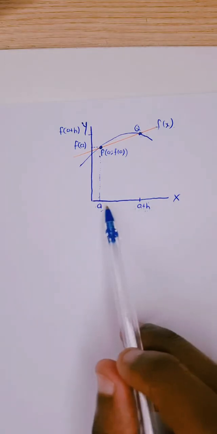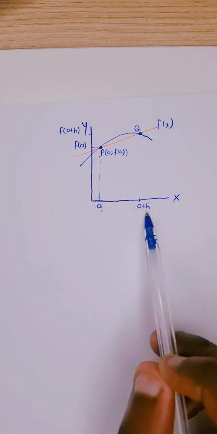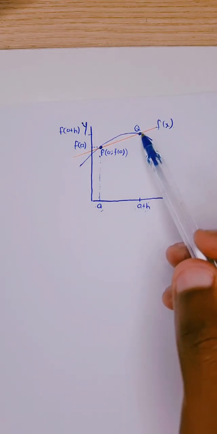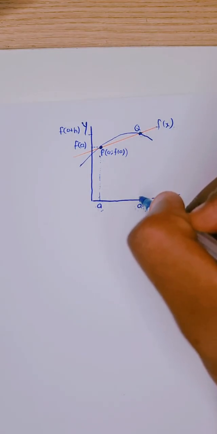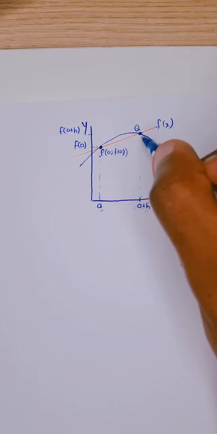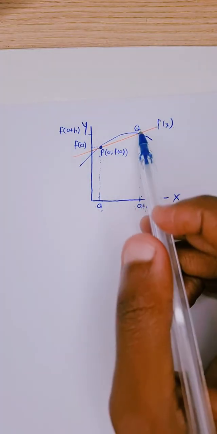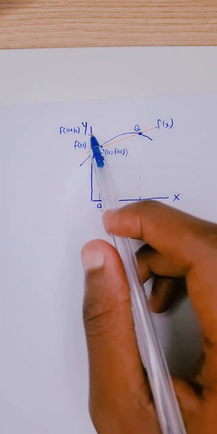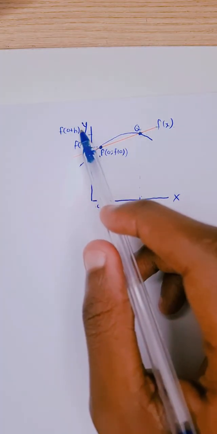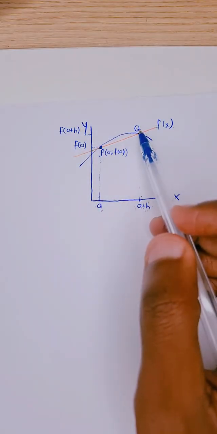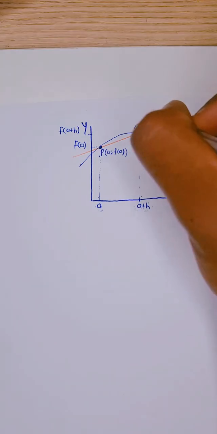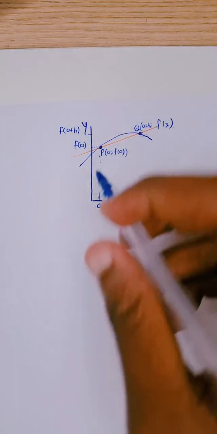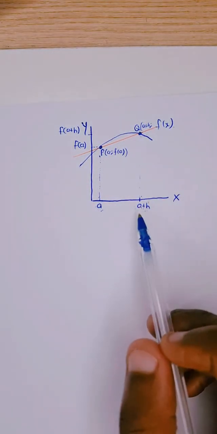H distant away from a is a plus h, which represents the x-coordinate of Q, and the y-coordinate of Q is f of a plus h. So if we were to write down the coordinates, we'd have a plus h and f of a plus h, which are the x and the y coordinate of Q.